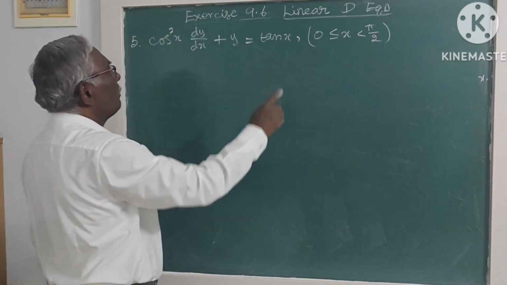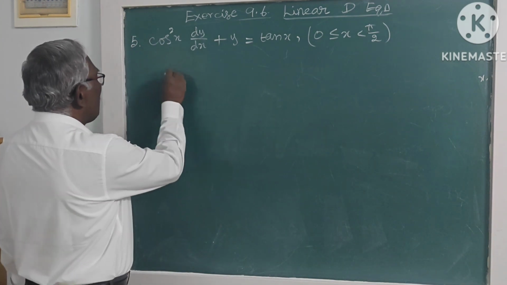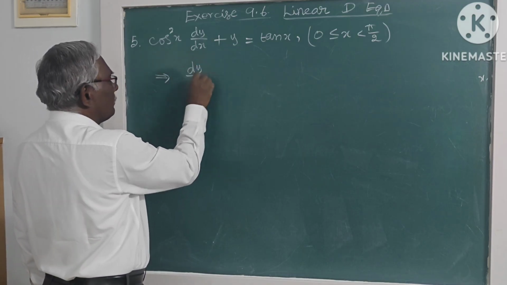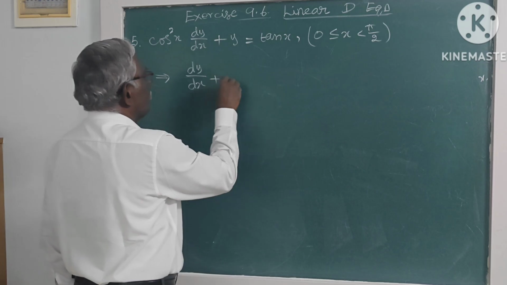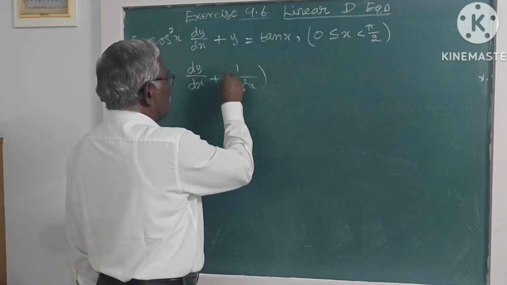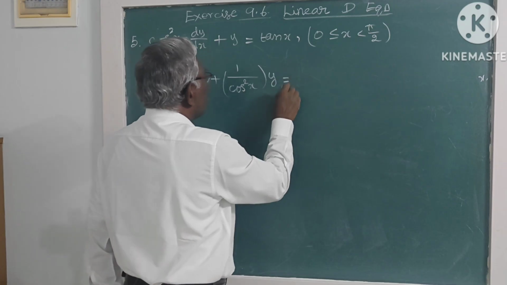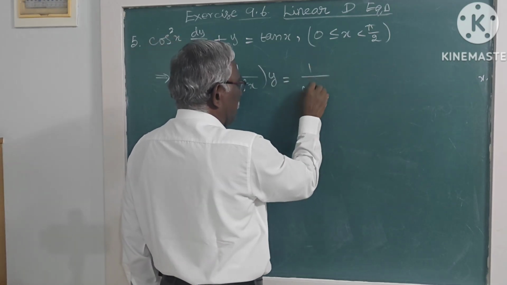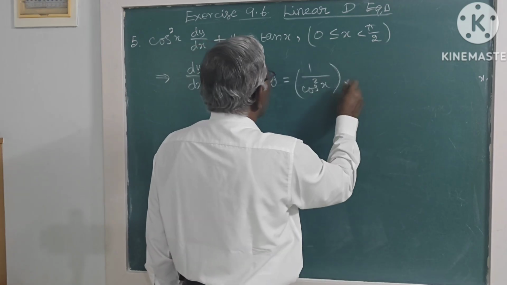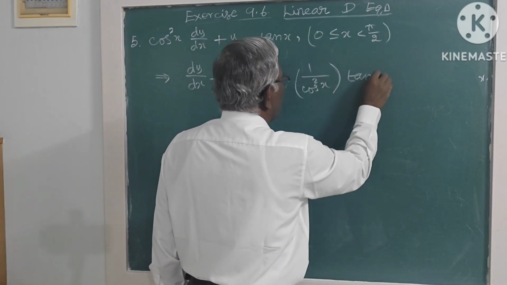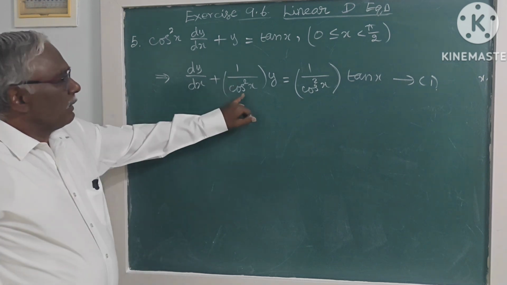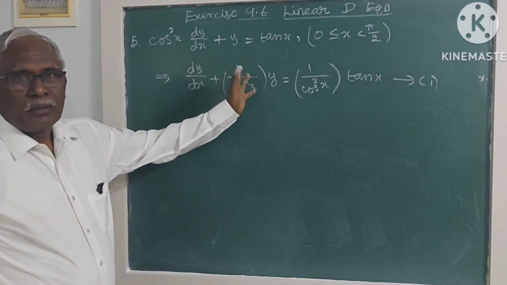So we will divide throughout by cos square x, we get, so 1 by cos square x we can write as secant square x.